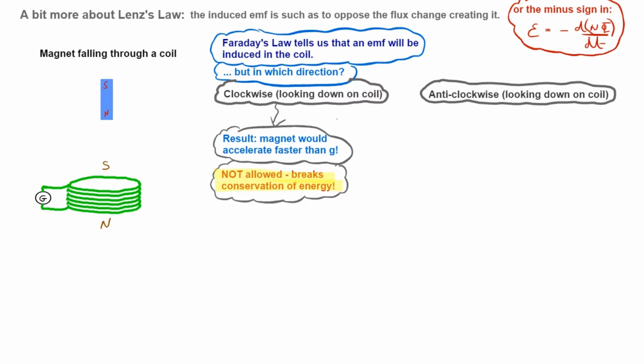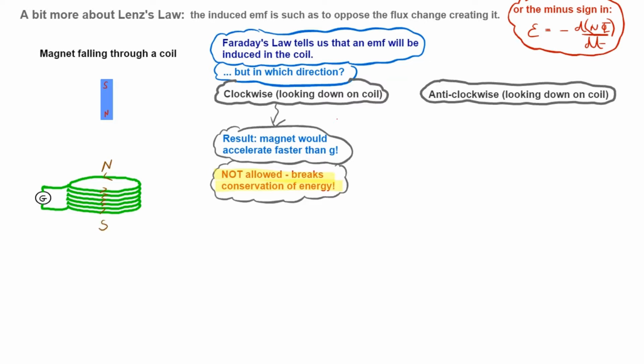Let's look at the other possibility then, which is the EMF arising in the other direction, and therefore anti-clockwise looking down from above, like this. We can use the grip rule again, and this time the top will become a North Pole and the bottom will become a South Pole.